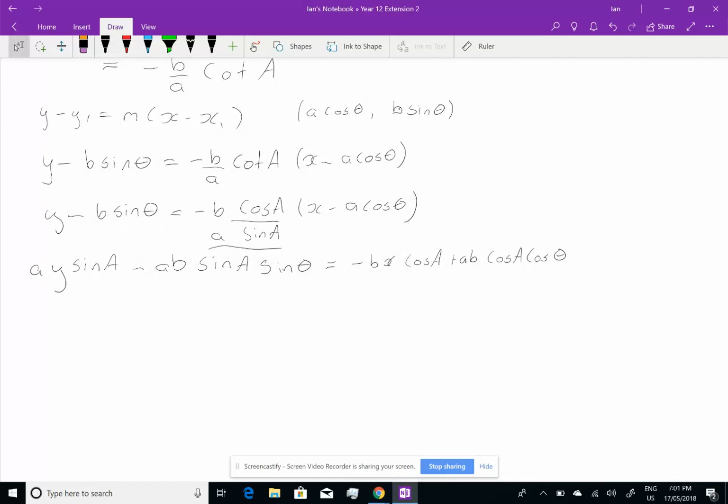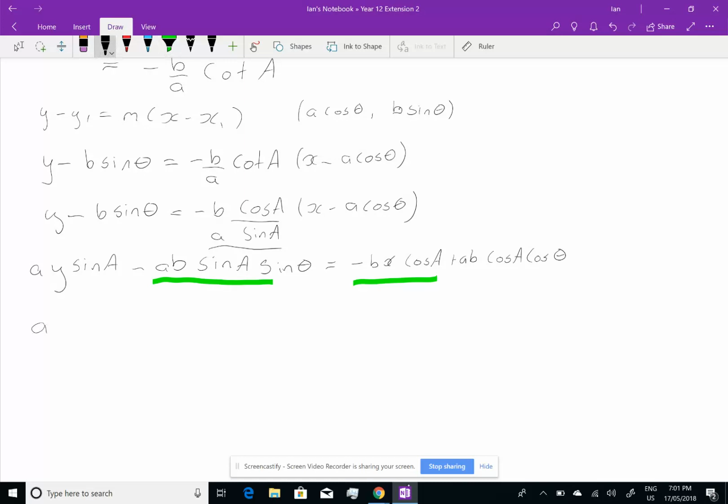Now, I'm going to divide everything. I'm going to pull this over and put it with the y, and I'm going to take this over the other side.